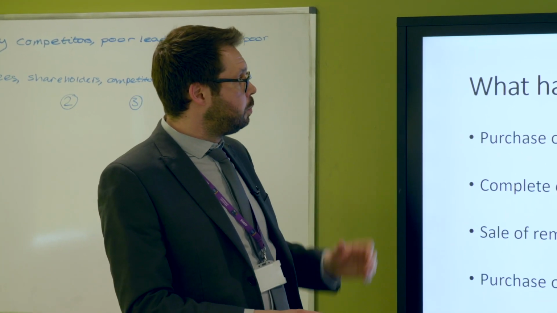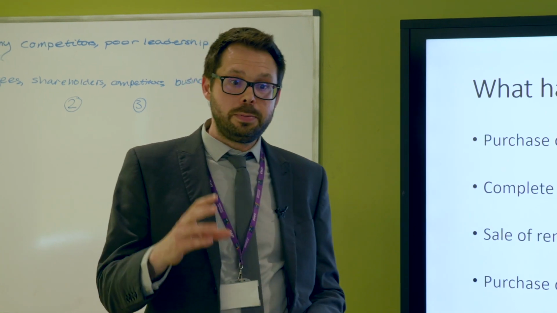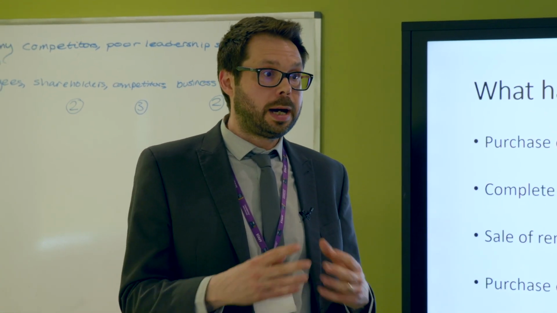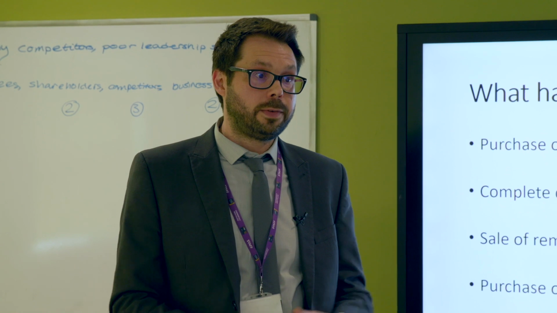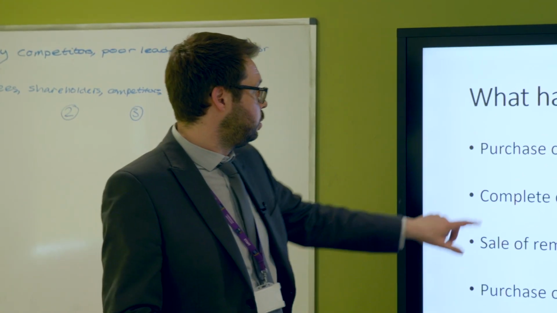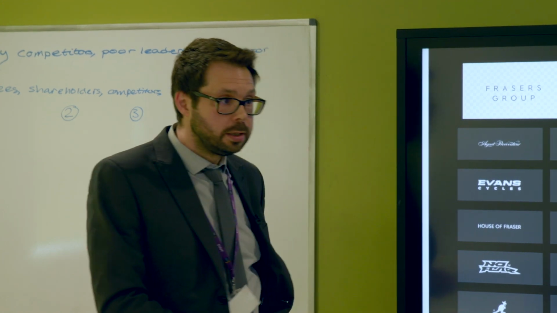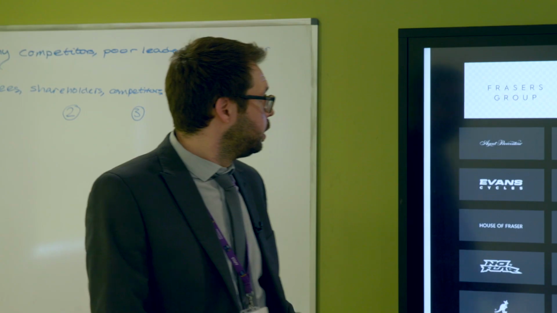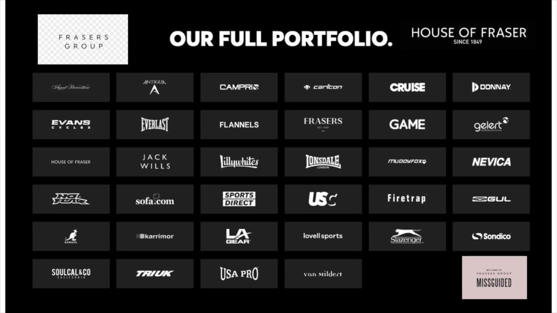What we're seeing more and more often is that people are coming along and buying the brand of that failed business, and then incorporating that brand into their company. So you'll all have recognised House of Fraser and the Fraser Group. These are brands that Mike Ashley, as the Fraser Group, has taken on over a period of time to try to develop his brand portfolio.